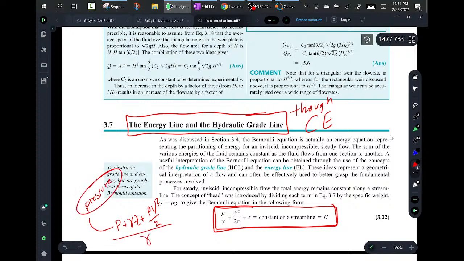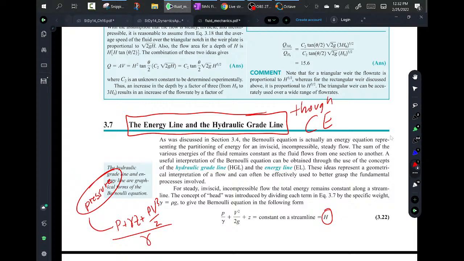Now, if you divide by gamma, it becomes a height. So think about this, pounds per square inch, and we're going to divide by, okay, so let's make that feet.